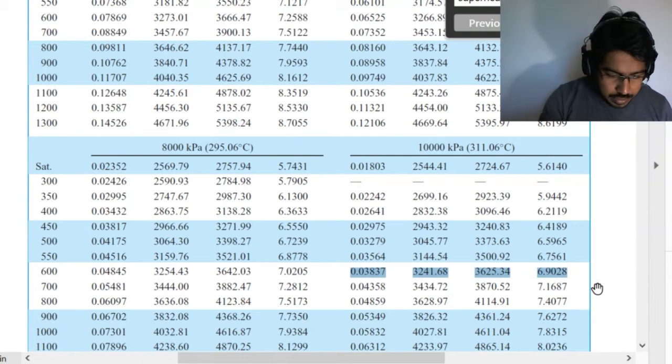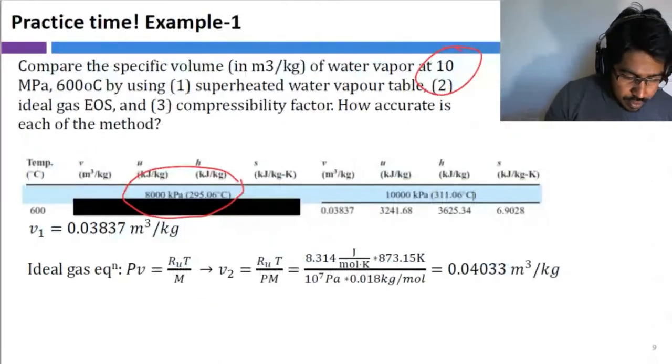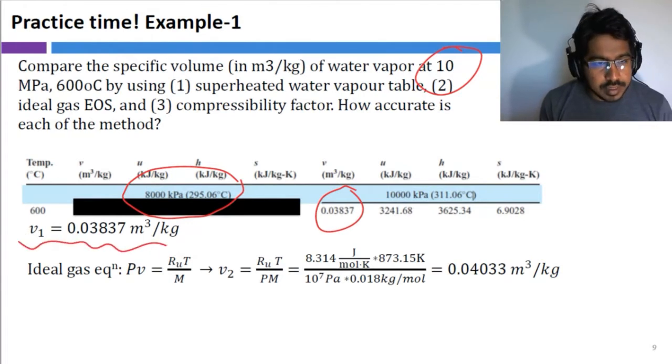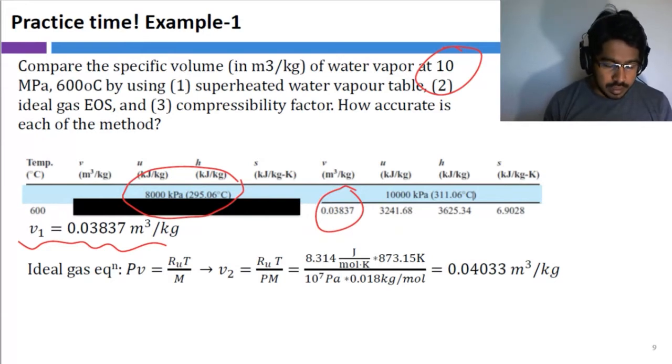Okay, perfect. So from that we found our specific volume, which is right here, nice and beautiful. We call it 0.03837 cubic meters per kilogram, right? And then we can use our ideal gas equation to calculate this specific volume.